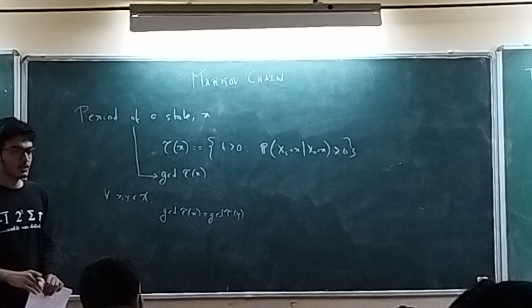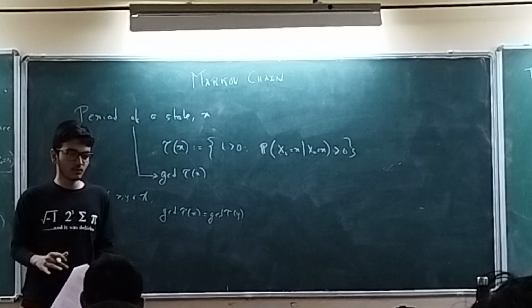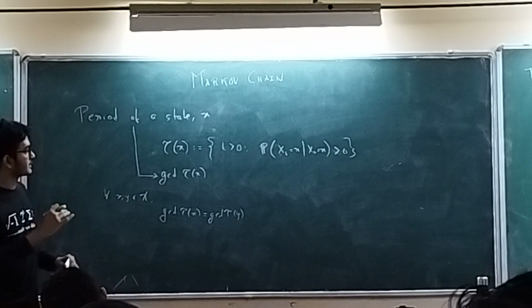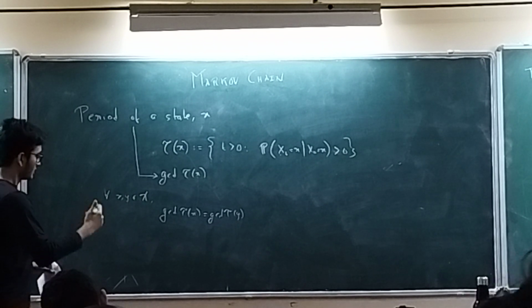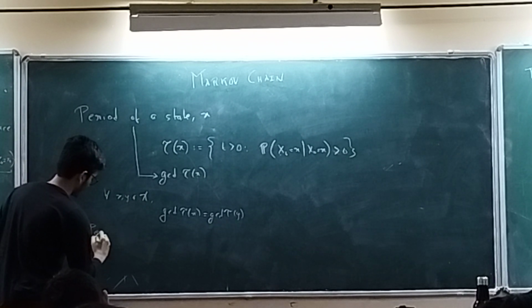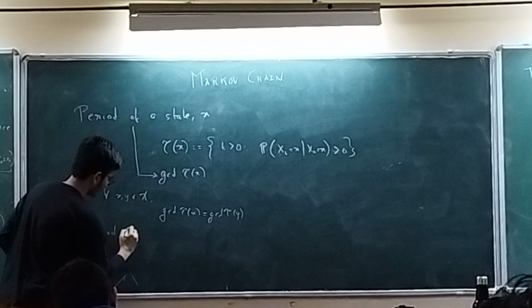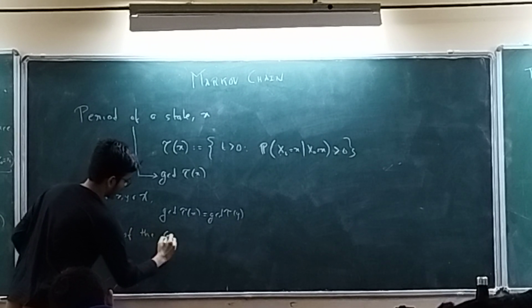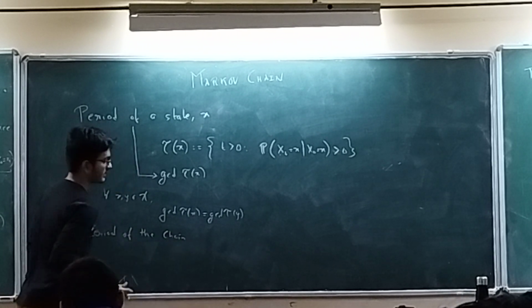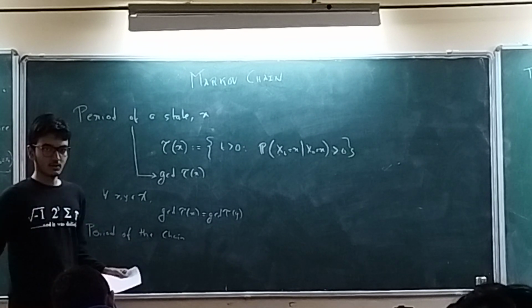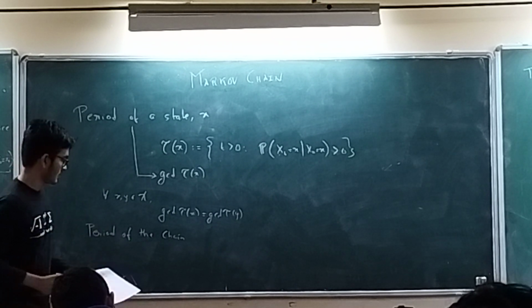Now once you know the period is the same over all x and y, you can define something like the period of the chain. So let's define the period of the chain. It's just the period of each of the points of the state space.